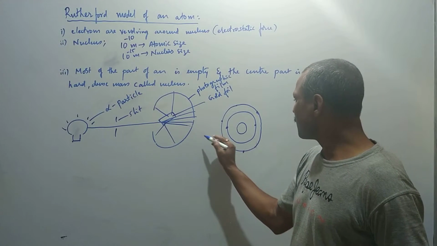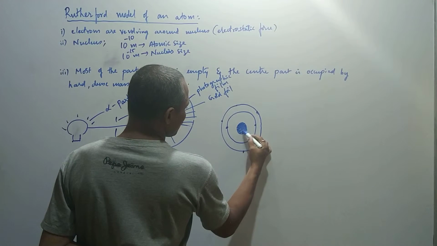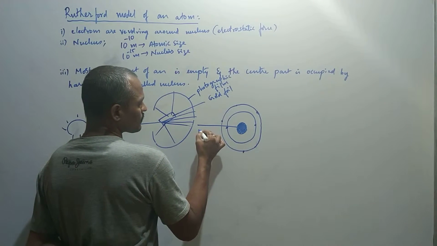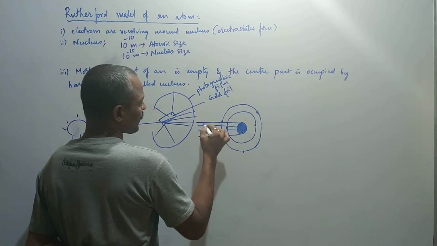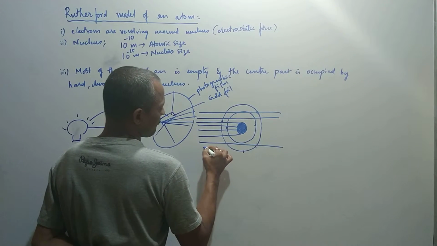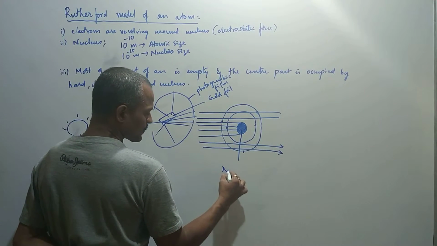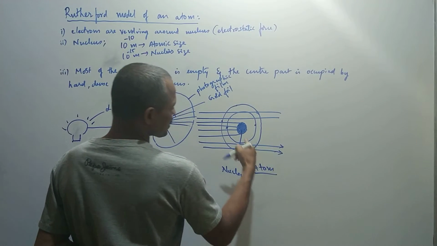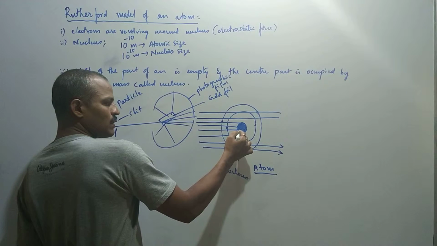Now, when the radiation is made to fall here, what are all the rays fallen on the nucleus? It is a structure of an atom. What are all the alpha particles fallen on the nucleus? They bounced back.